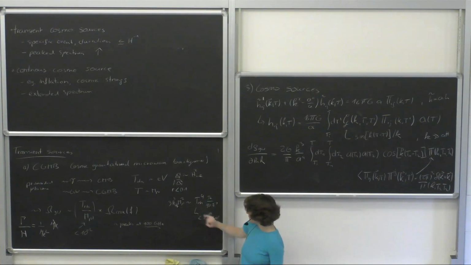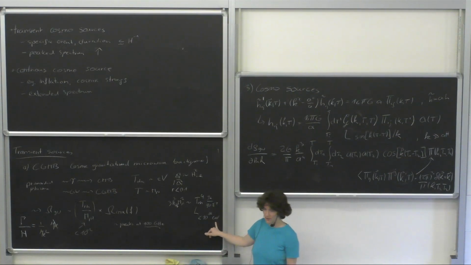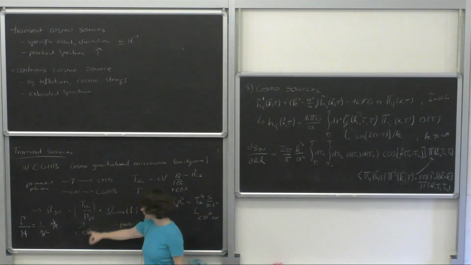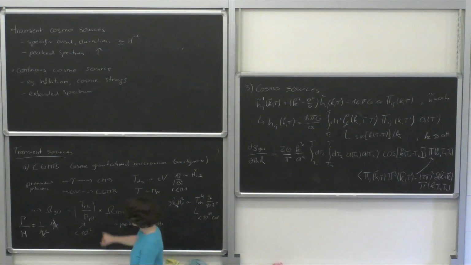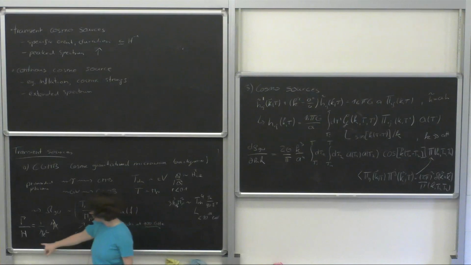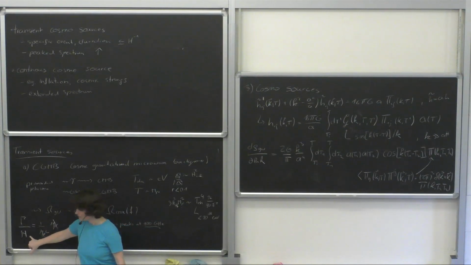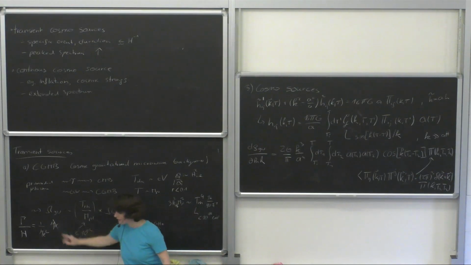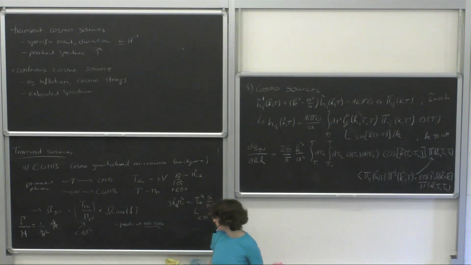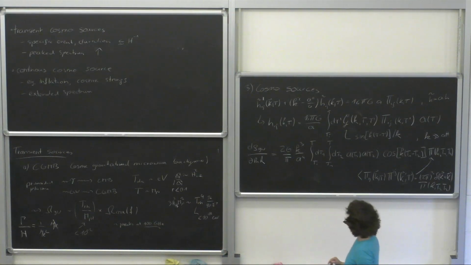The maximal temperature is about 10 to the 16 GeV, and compared to the Planck mass, this gives the factor 10 to the minus 2. And we've also clarified why it's linear. It's linear because there's another M Planck in the Hubble rate, and that cancels one of the powers of M Planck, so it goes from quadratic to linear. So this is actually correct.